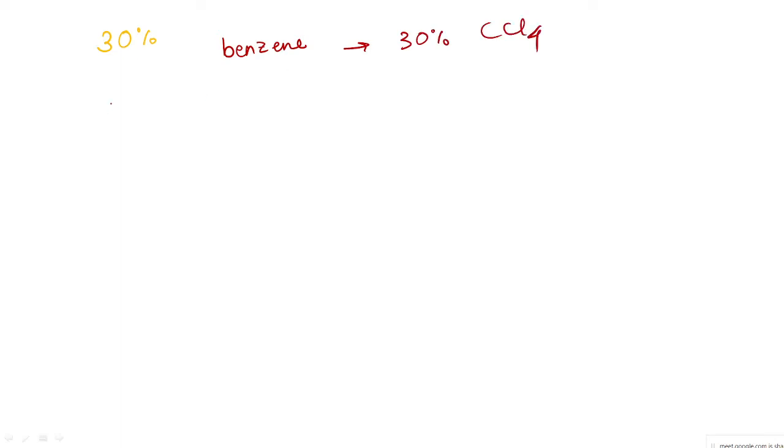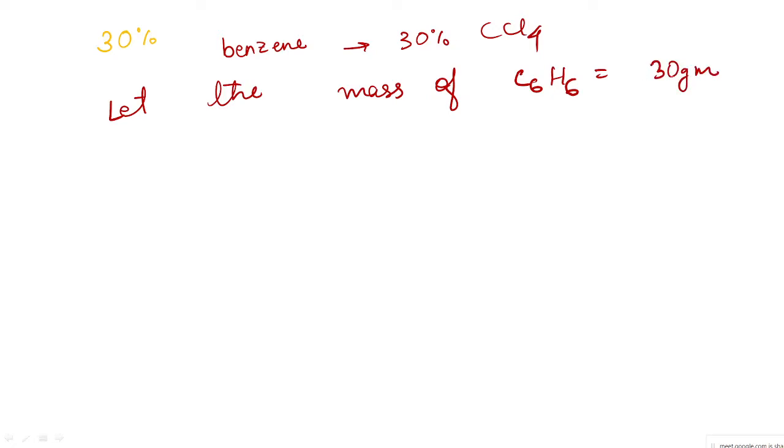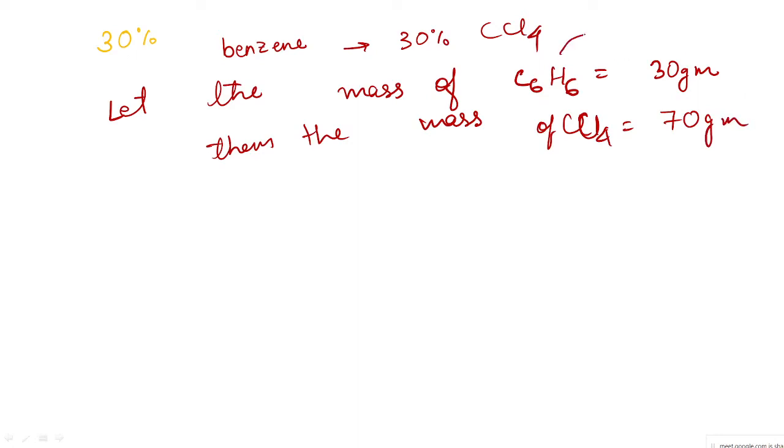Now we have imagined that the mass of C6H6, meaning benzene, is 30 gram. Then the mass of CCl4 will be 70 gram. Now we have to calculate how many moles there are in 30 gram of benzene.